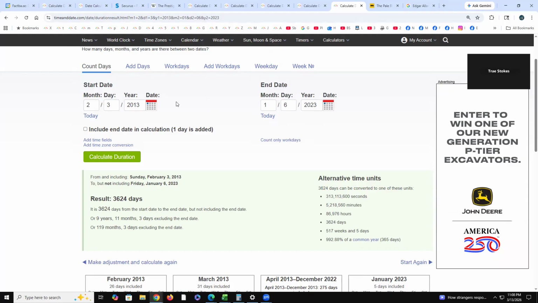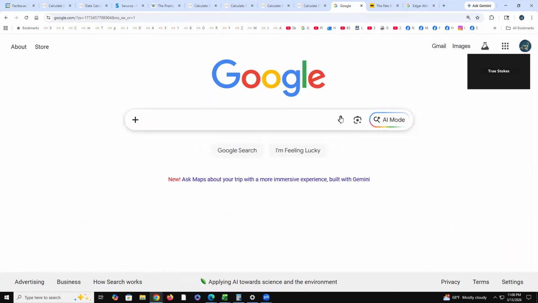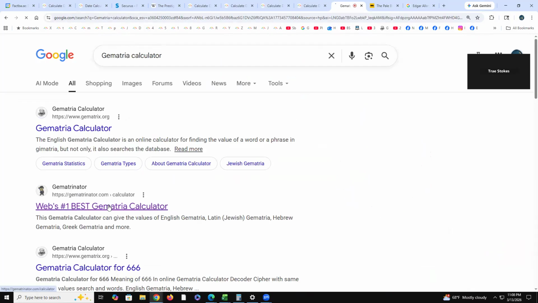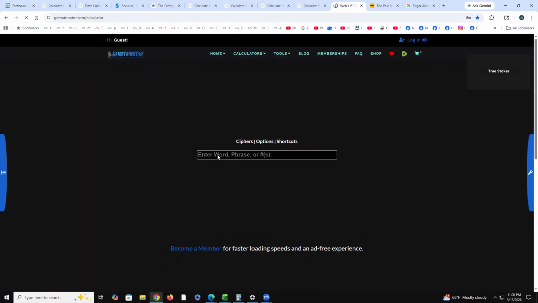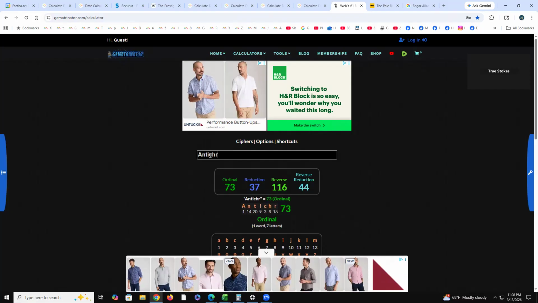And that's what the 49ers are all about. That's the 4 and the 9. And that does come to it when you go to the gematria calculator and you go to the 4 base ciphers. When you key in Antichrist, 49 is Antichrist in reduction.